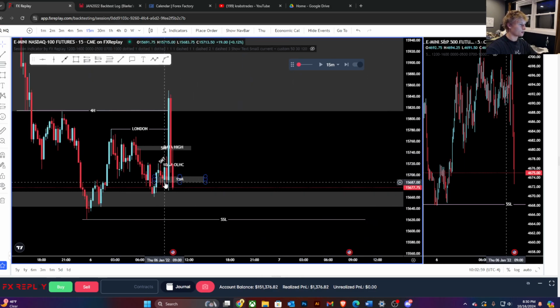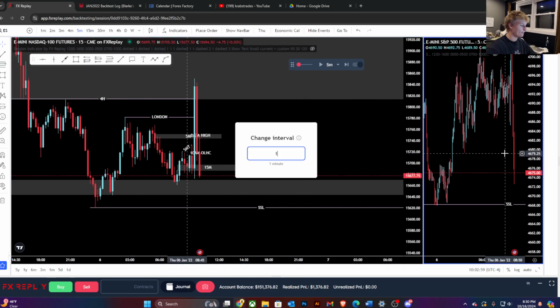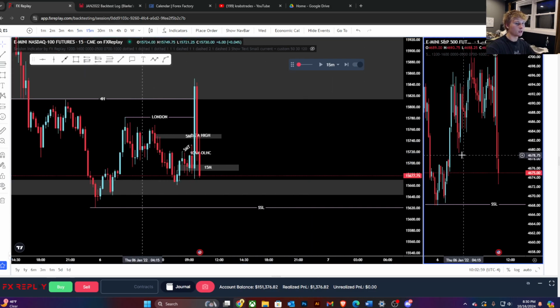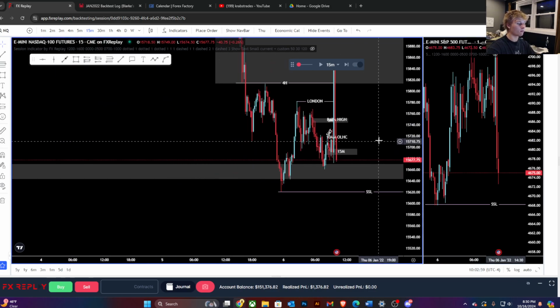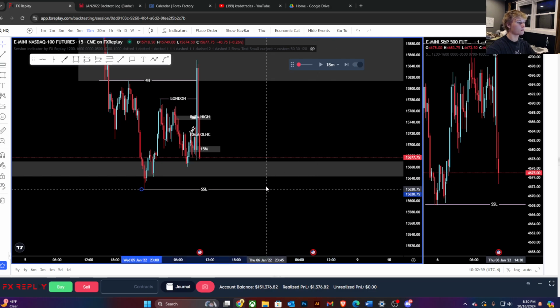This does look like a PDI model, higher time frame, but this low here is a SMT. So yeah, we just look super uncorrelated right now with ES.